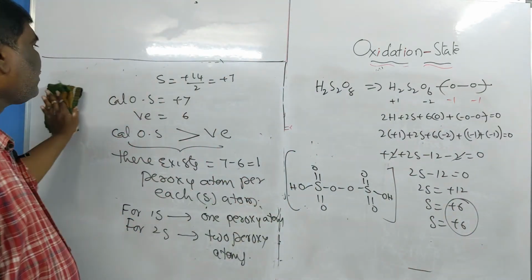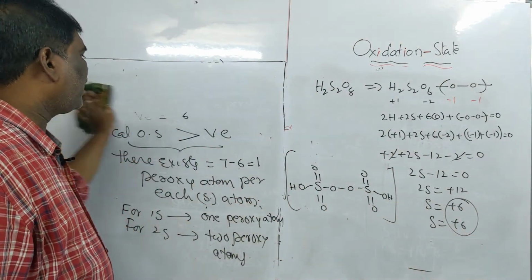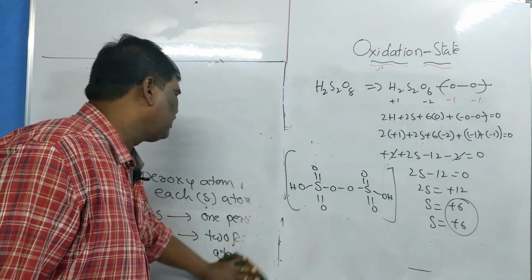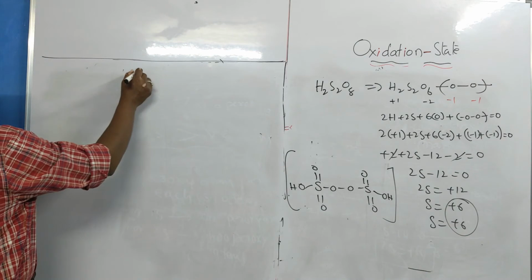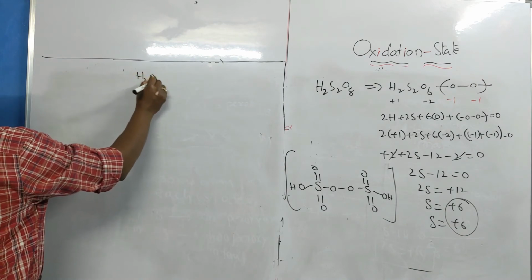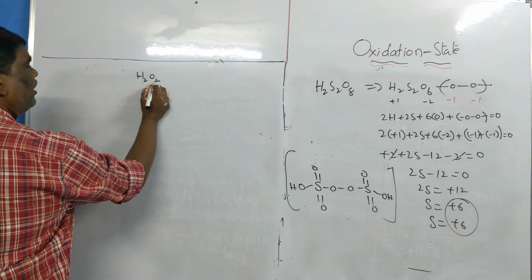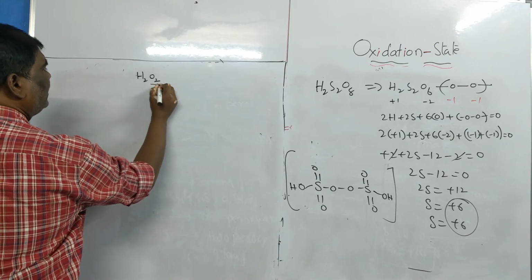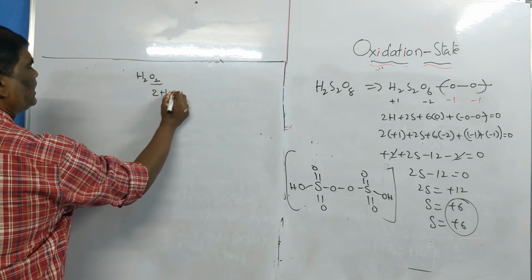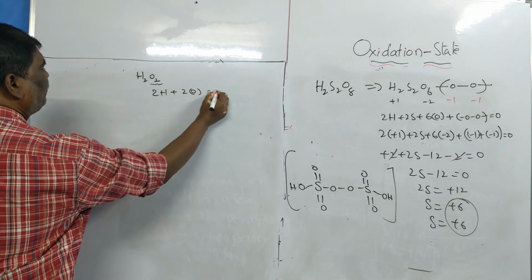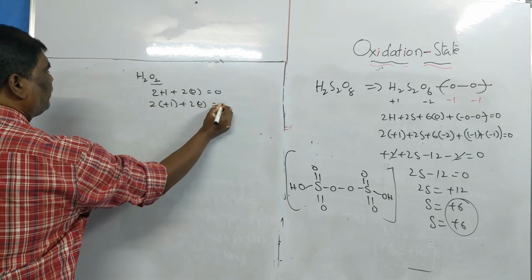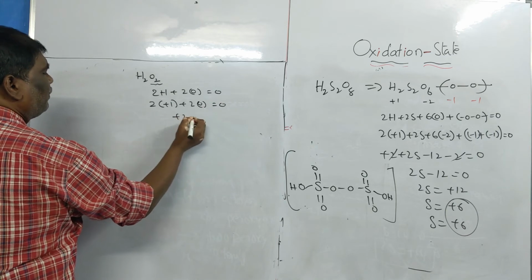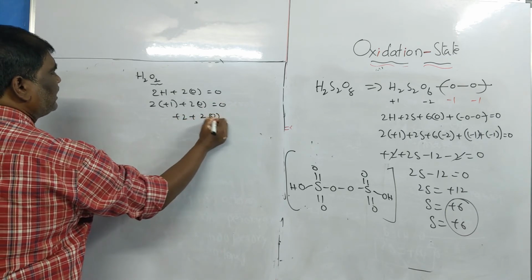Now, I will list out what the peroxy molecules are. Some more simple examples. When we take hydrogen peroxide, now calculate the oxidation state of oxygen in this case. 2 hydrogens and 2 oxygens equal to 0. 2 into +1 plus 2 oxygens equal to 0. +2 plus 2 oxygens equal to 0.